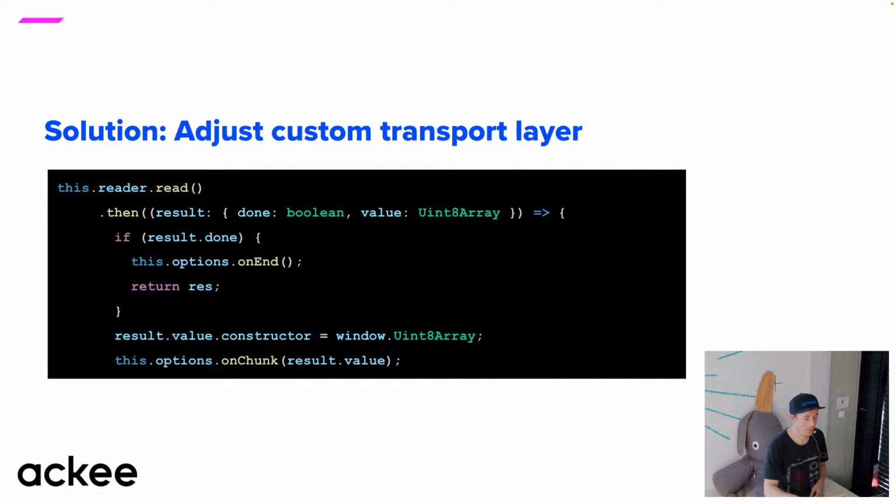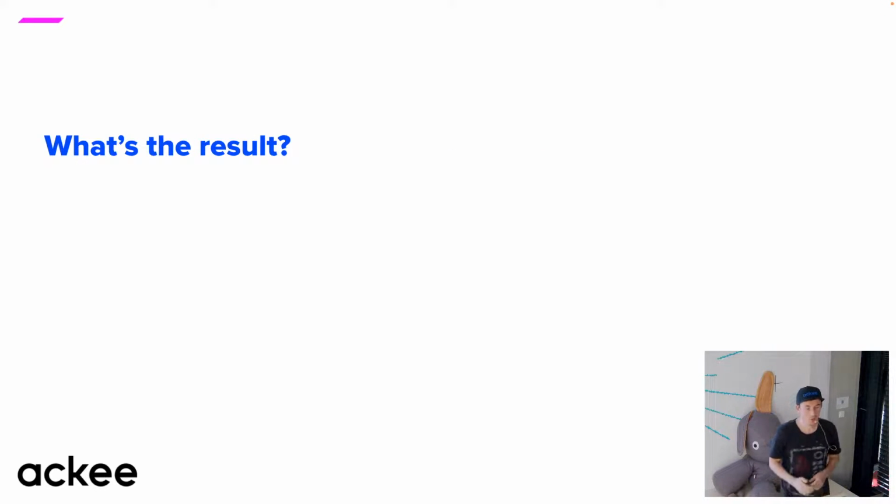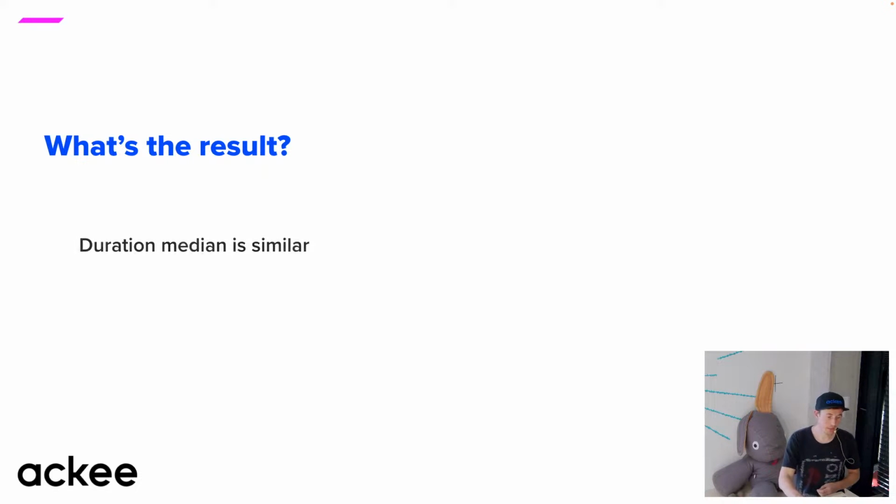At least I hope. So we are approaching the end, and you may now ask what's the result, because after the last step everything worked as we designed it, and now it's time to evaluate results.